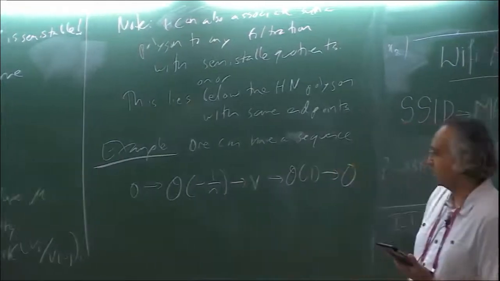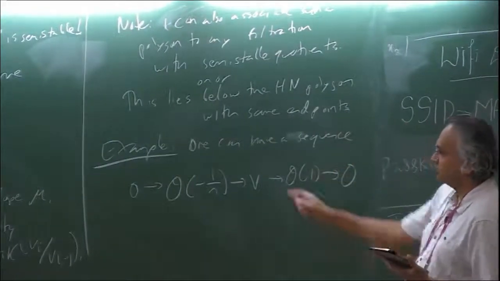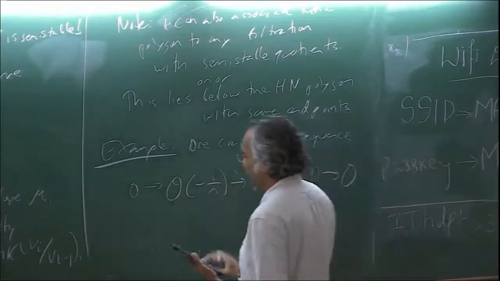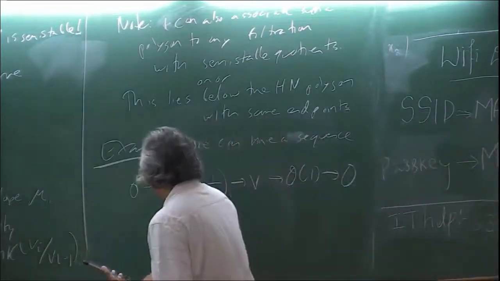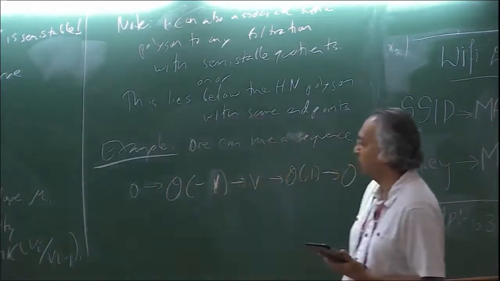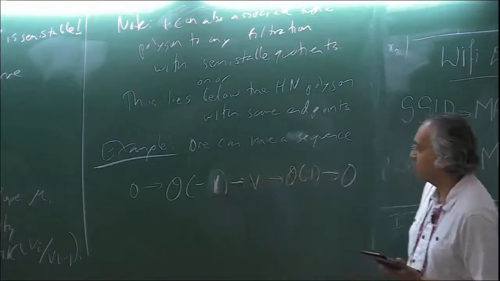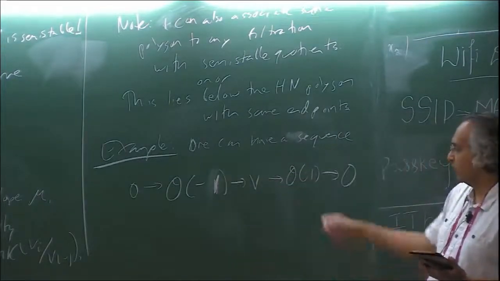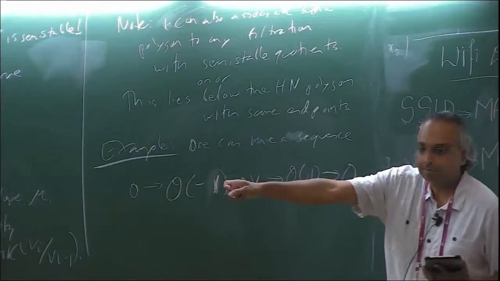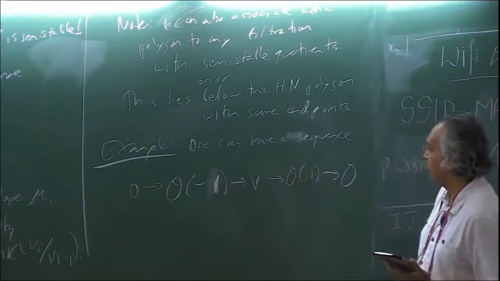So you could have a sequence like this. This is not of the right form because, oh shoot, I haven't told you what this is. Let me just do it with 1 and minus 1 then. So you could have something like this. Rank 2, the minus 1 is a sub, so that's the wrong way around. But this does have semi-stable quotients.